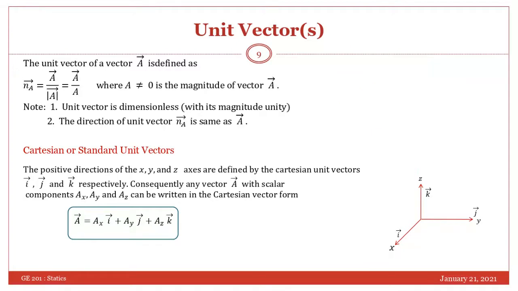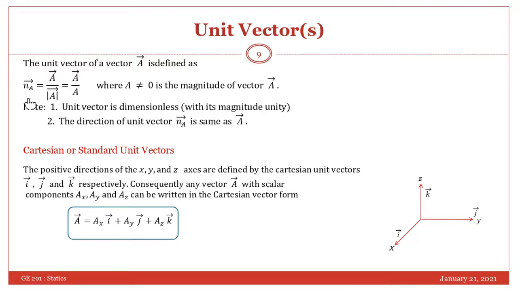So mathematically, we define the unit vector by dividing a vector by its magnitude. For example, here vector A we are dividing by its magnitude. Either you write it like a modulus or write it without showing any arrow. Both represent the magnitude. So vector A divided by A, that is the unit vector.